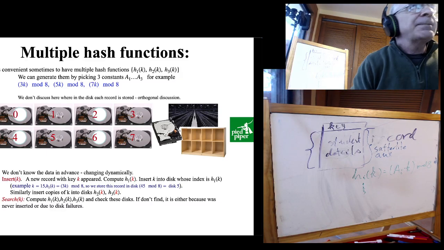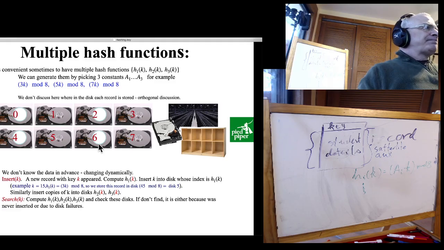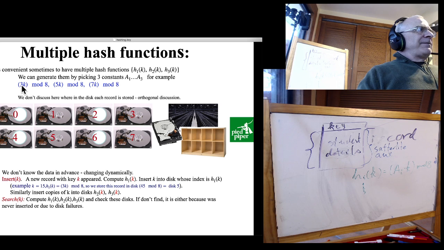Here in this example, my m is 8. So I'll go further with this example. My first constant will be 3. So a1 is 3, my first function h1 is 3k mod m. My second constant is 5. My third constant is 7.